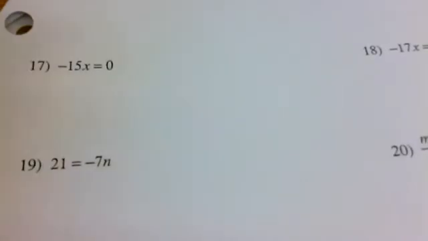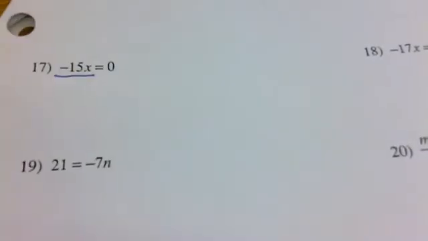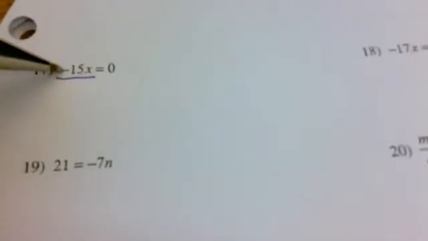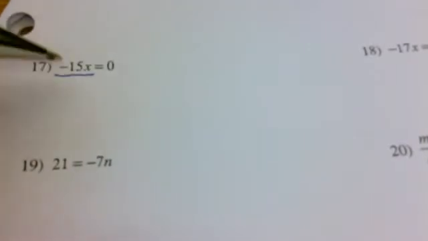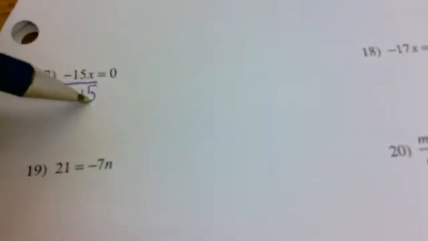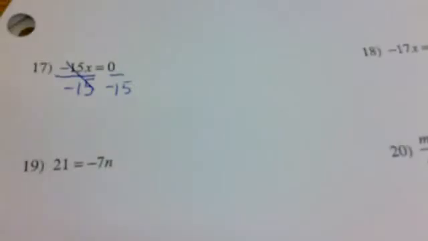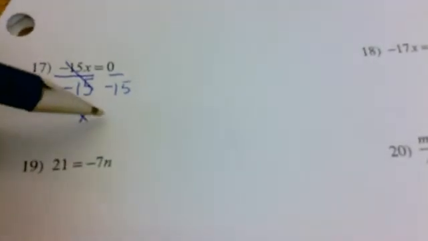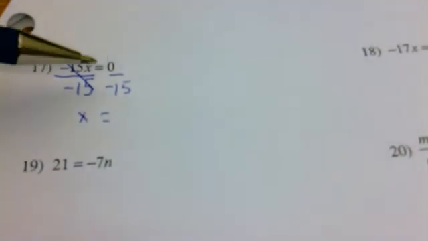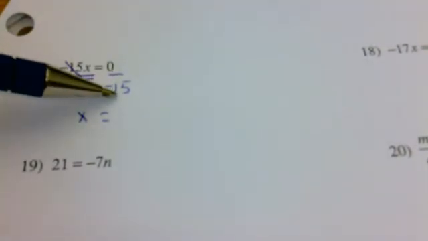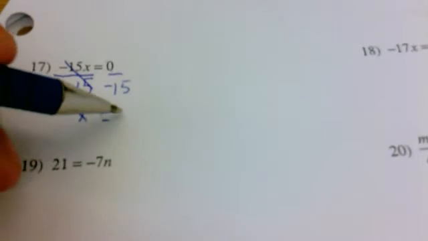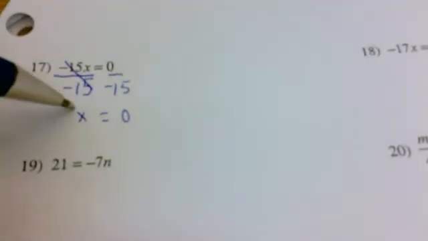So I'm definitely multiplying. The opposite is to divide, and it was divide by whatever I do not want. I want the x alone. So I divide by negative 15. Divide by negative 15, that cancels. And I get x equals, and then 0 divided by any number other than 0 is 0. So x equals 0.